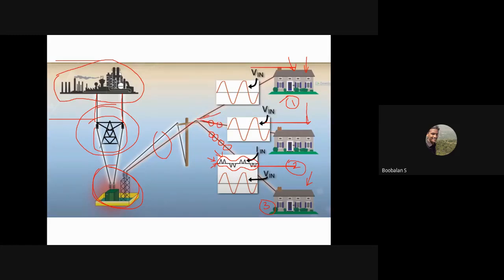This entire conductor is connected with my distribution transformer, so it will also get more heated. Due to this harmonics, my neutral line conductor, this black or white color, also gets more flow of current. So this entire thing is getting affected due to my harmonics.